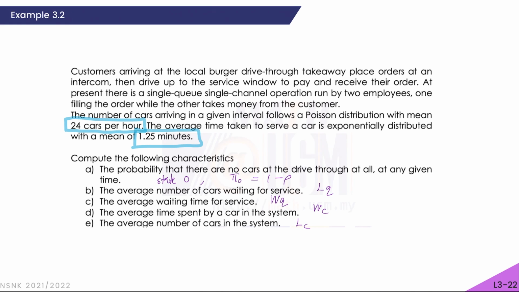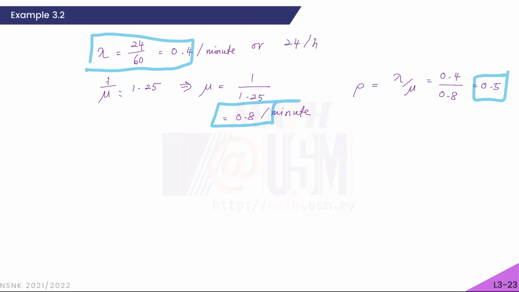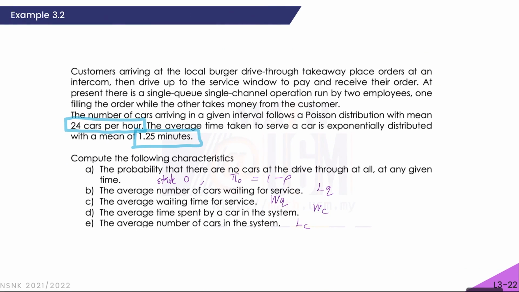So just substitute the values here. We have our lambda 0.4, our mu 0.8, and our rho 0.5 in the formulas that we derived earlier to get the solutions to questions A up until E. Okay, so that is all for the MM1 queuing model.